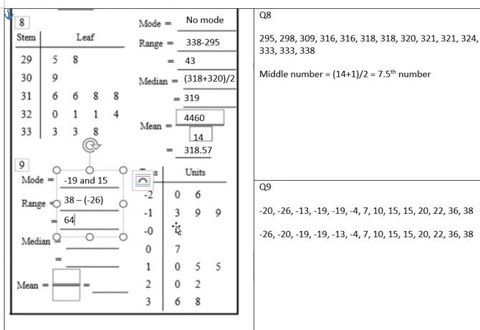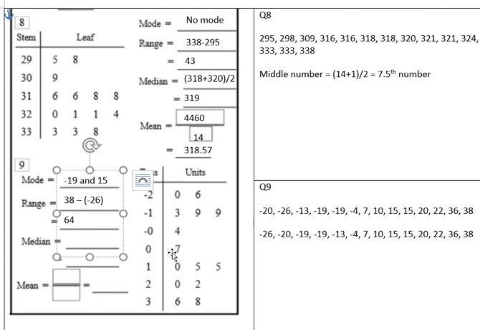So to find the median, let's work this out. So we have 1, 2, 3, 4, 5, 6, 7, 8, 9, 10, 11, 12, 13. We have 14 numbers again. So because it's the same number of numbers, we are looking at the 7.5th number, so halfway between the 7th number and 8th number. 1, 2, 3, 4, 5, 6, 7.